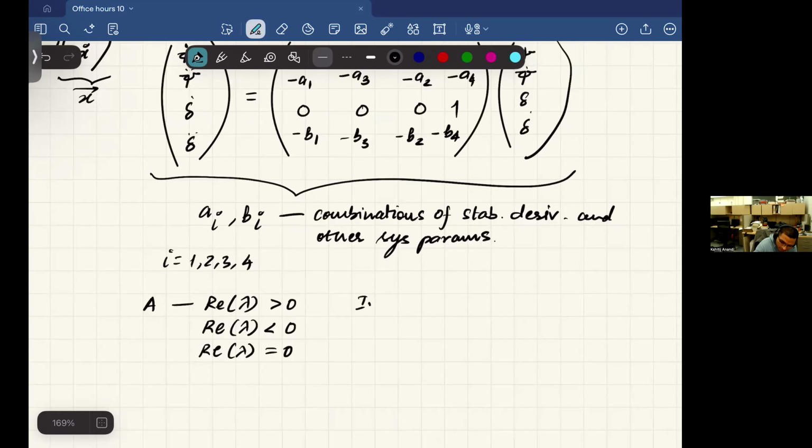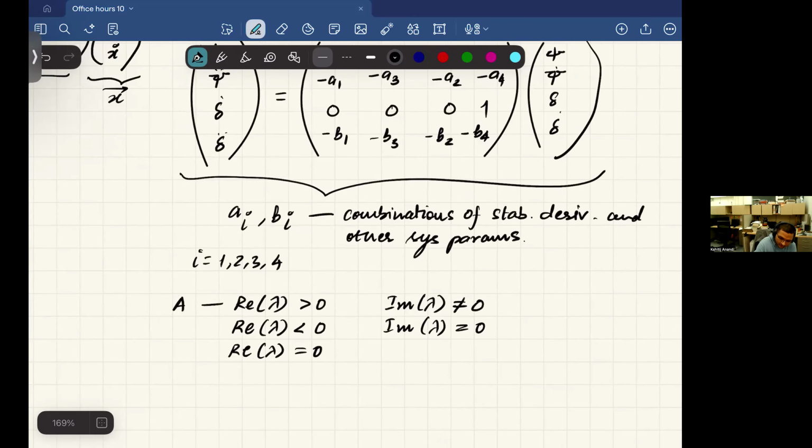If the imaginary part of the eigenvalue is non-zero, then you will have oscillations. If the imaginary part is 0, there will be no oscillations. So whether it is exponentially increasing, exponentially decreasing, or steady state, and whether it is oscillating or non-oscillating, is given by the real and imaginary parts of the eigenvalues of the system.